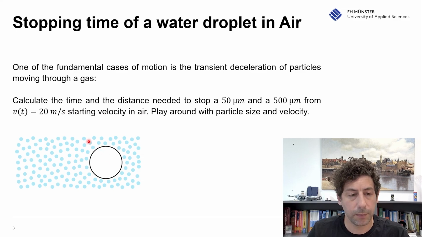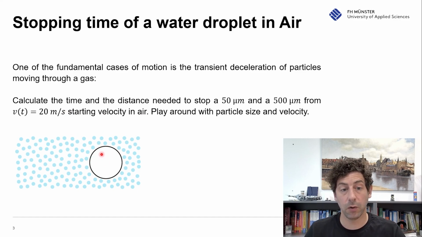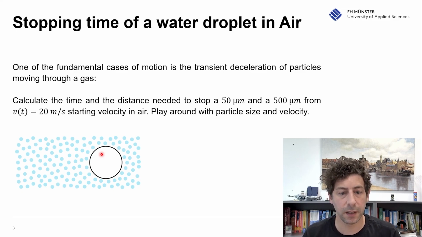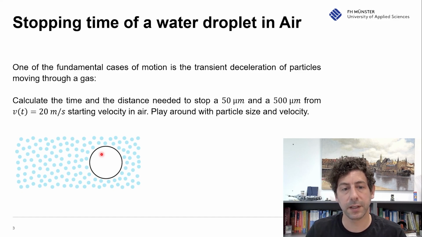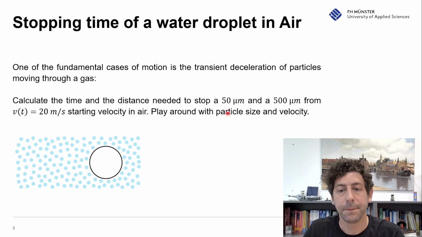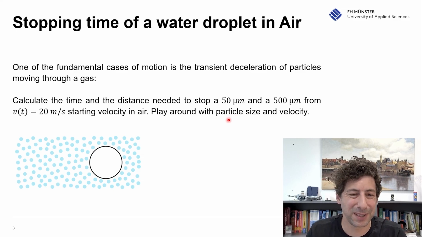So we have a water droplet in air, and the question is how fast will it stop, and what is the time, what is the distance it travels during this time. And we look at a smaller and a larger particle, and then I also ask you to play around a little bit with the particle size and also with the velocity. Here we will just look at particle size to get a little bit of an idea of these variables or properties.